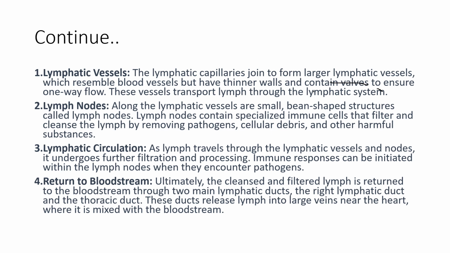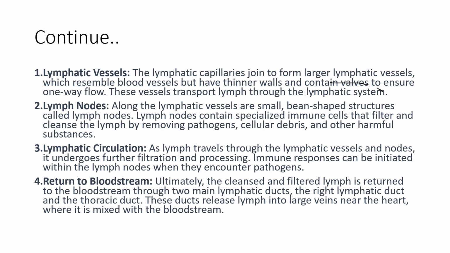Along the lymphatic vessels are small bean-shaped structures called lymph nodes. Lymph nodes contain specialized immune cells that filter and cleanse the lymph by removing pathogens, cellular debris, and other harmful substances. Now, lymphatic circulation. As lymph travels through the lymphatic vessels and nodes, it undergoes further filtration and processing.